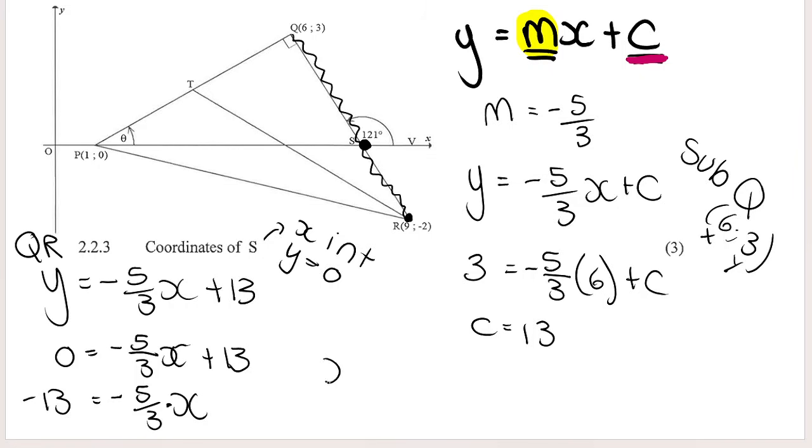And we get x is equal to 39/5. And as we know, this is the x part of my coordinate S. S is an x-intercept, so we've got (x, y) equal to (39/5, 0). That would be the coordinates of S. So y is 0 and x we just solved for is 39/5.